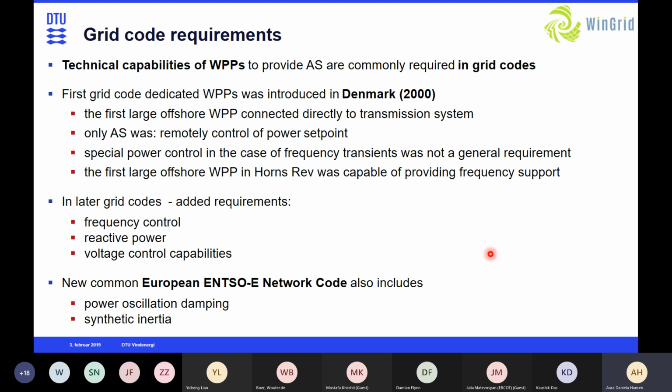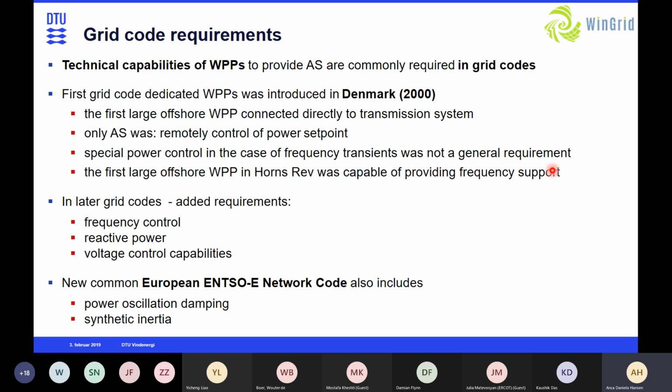The very first grid code dedicated to wind power plants was actually introduced in Denmark in 2000 in order to prepare for the first large offshore wind power plant connected directly to the transmission system. The only required ancillary service at that time was a remotely controllable maximum power set point.